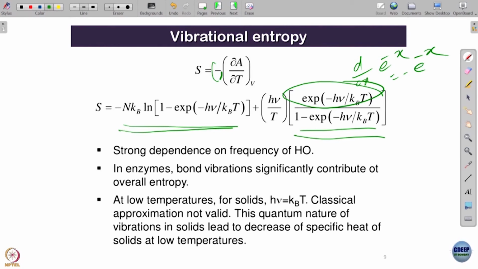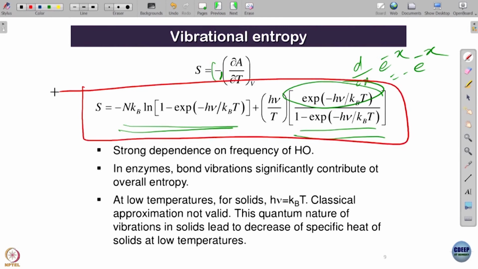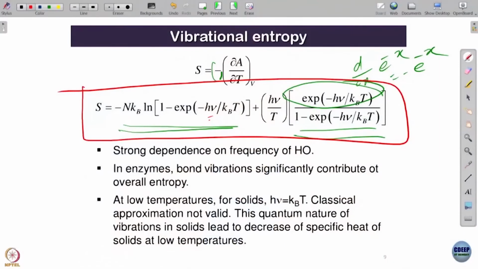So, this is my definition of the entropy. This plays a very, very important role in many, many calculations. So, this is the entropy of n harmonic oscillators. Look at that, there is a very strong dependence on frequency nu, very, very strong dependence.